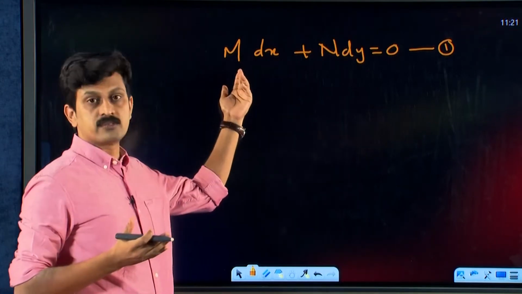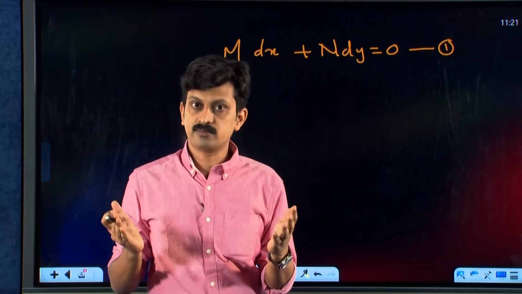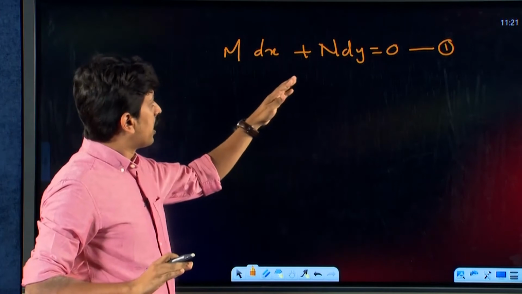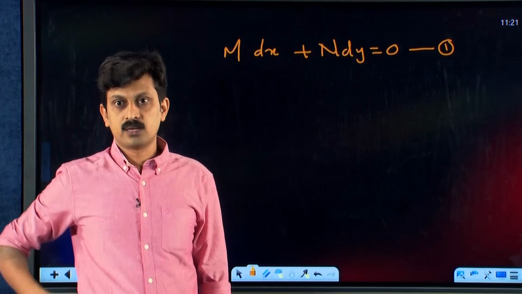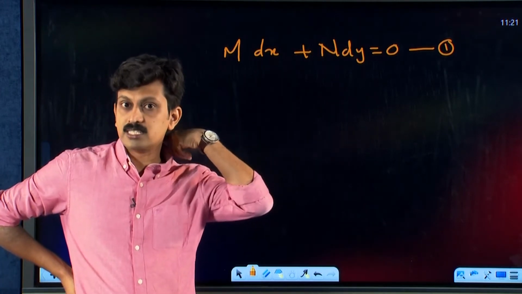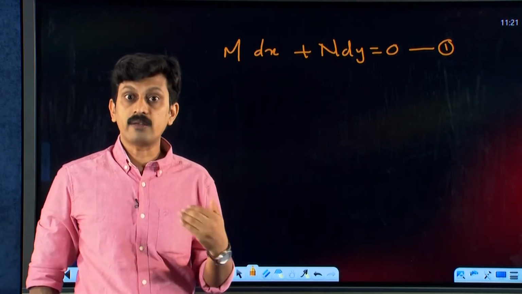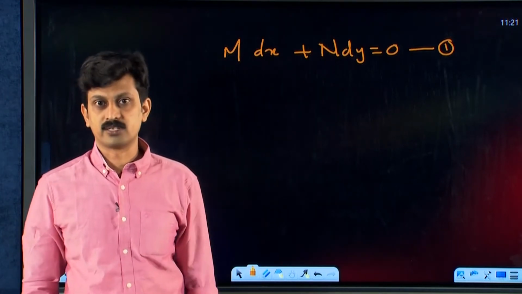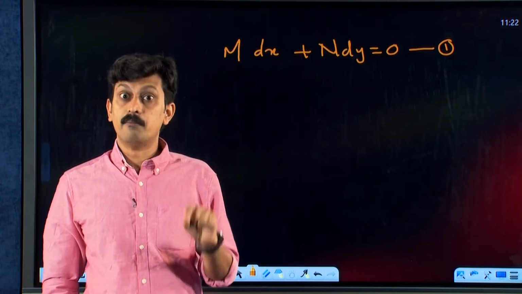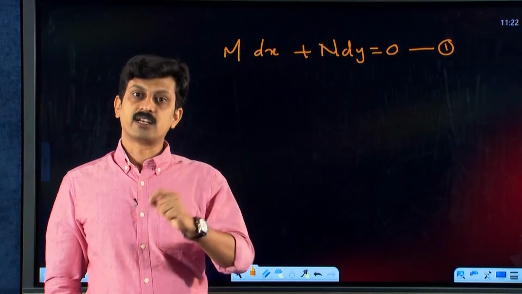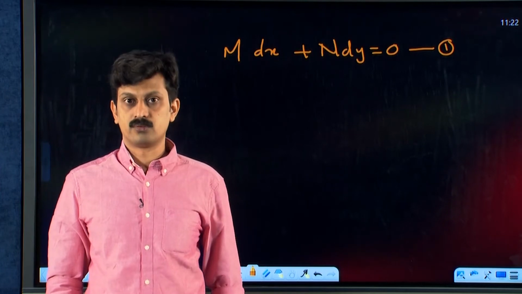If it is exact, how can we solve it and find the general solution? And if it is not exact, how can we make it exact? Then we will see how the exact differential equation is solved.